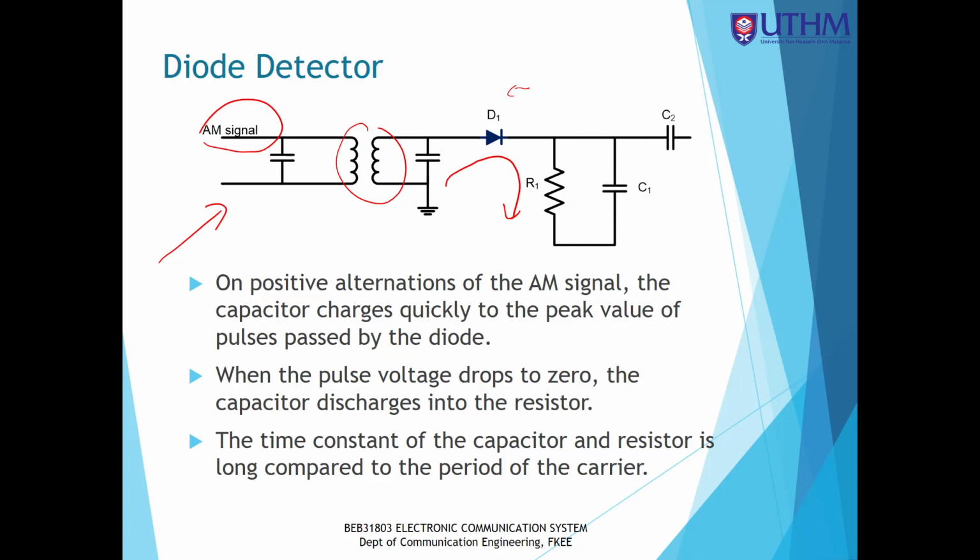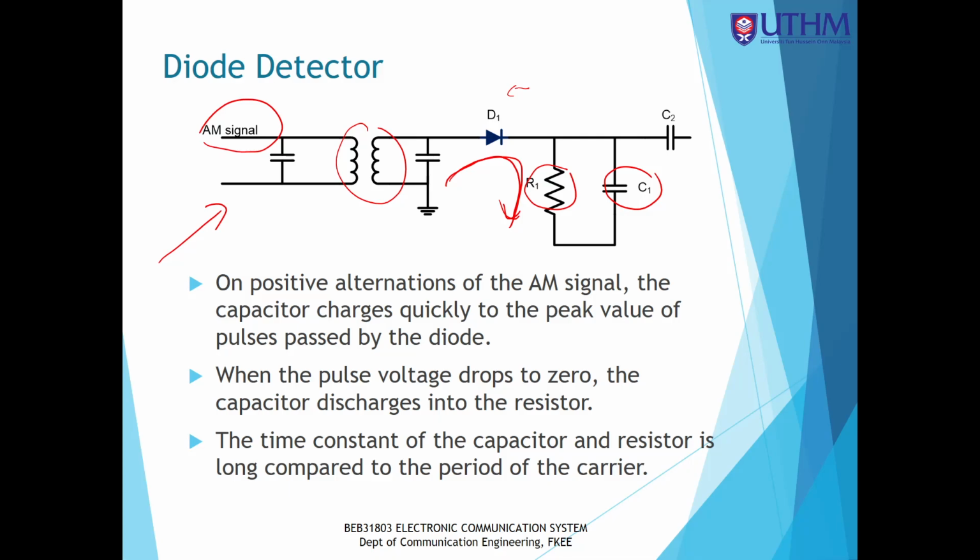So that means during the positive cycle, during the forward bias, the current will flow in this direction, and at the same time it will be charging the RC tank circuit. This RC tank circuit is equivalent to the LC tank circuit in the previous slides.